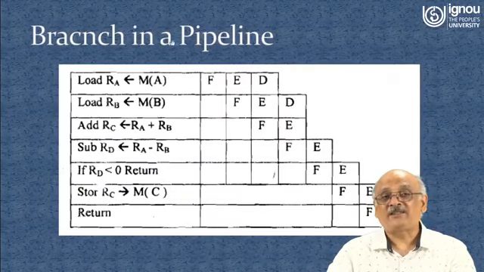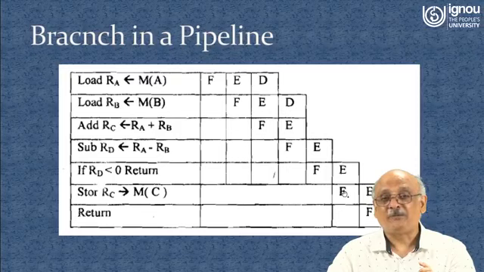But branches in a RISC pipeline are major problems, right? Branches are major problems because before the decision on whether a branch is to be taken or not is made, the next instruction is already being fetched.